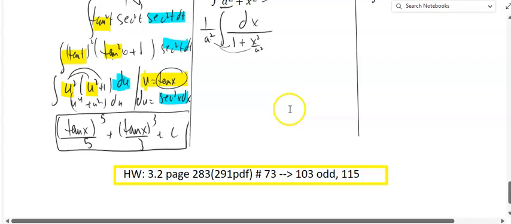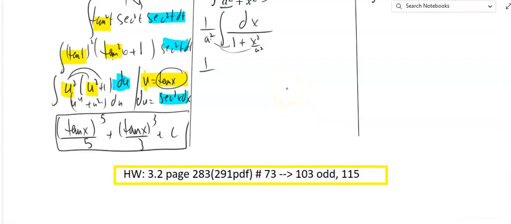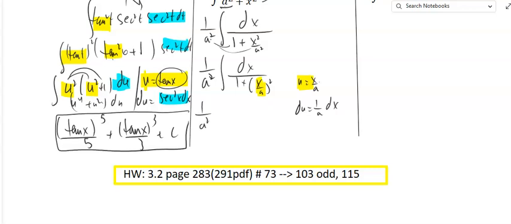And I'll rewrite this as 1 over a squared. A is a constant, by the way, in case you were wondering. I could let u equal the inside of the power function. And since a is a constant, when I take a derivative of that, that's 1 over a dx.